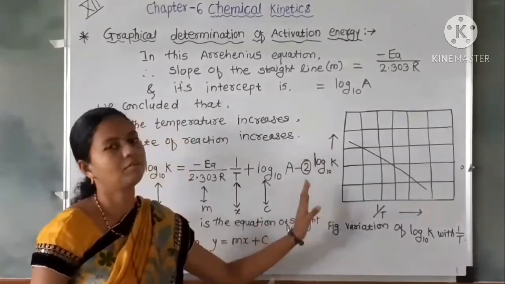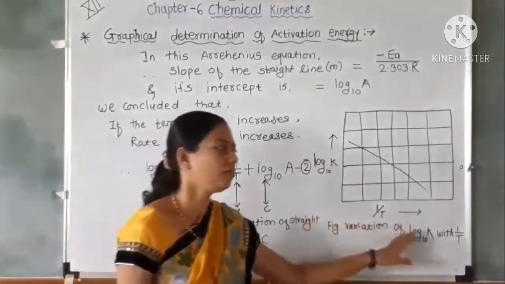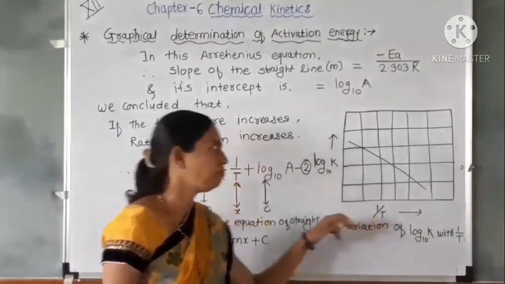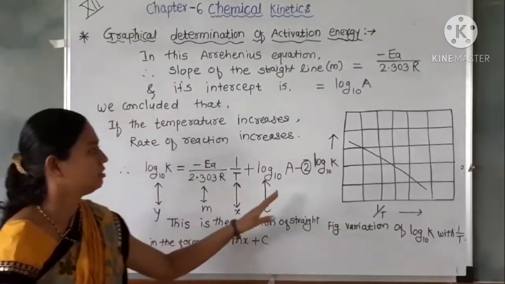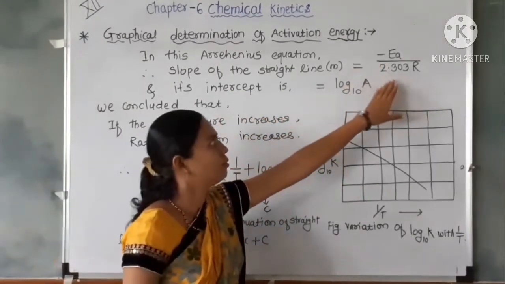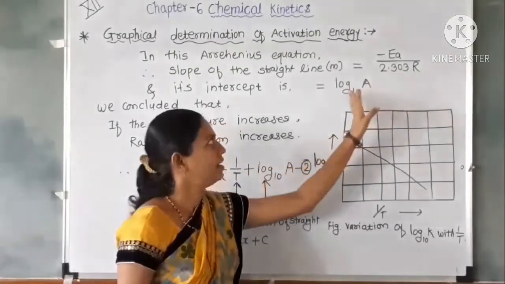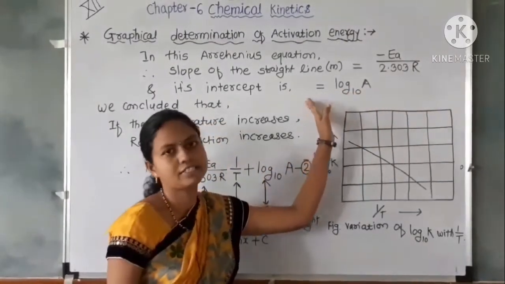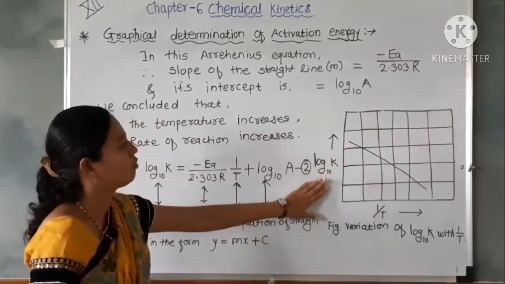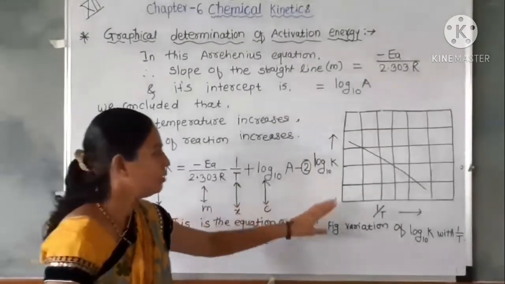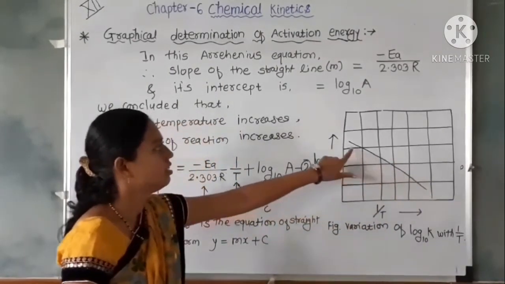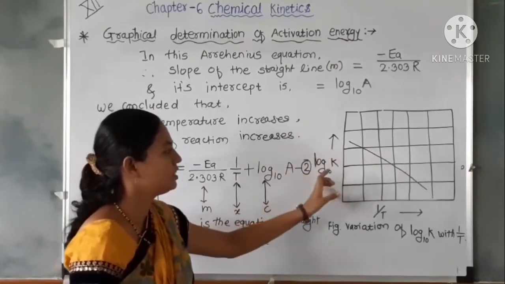If we plot log to the base 10 k versus 1 upon T, the straight line has slope minus Ea upon 2.303 R and intercept on the y-axis log to the base 10 A. From this graph we conclude that if the temperature increases, log to the base 10 k value also increases.